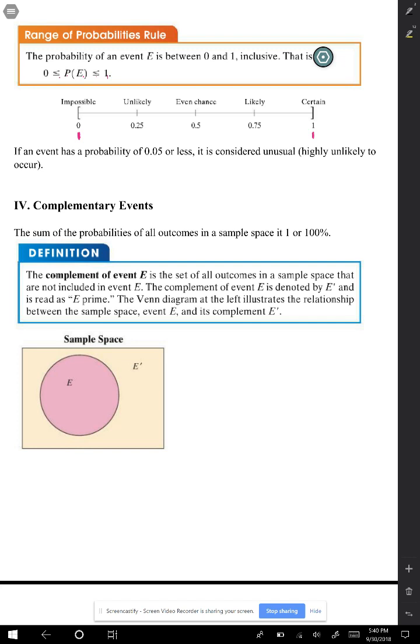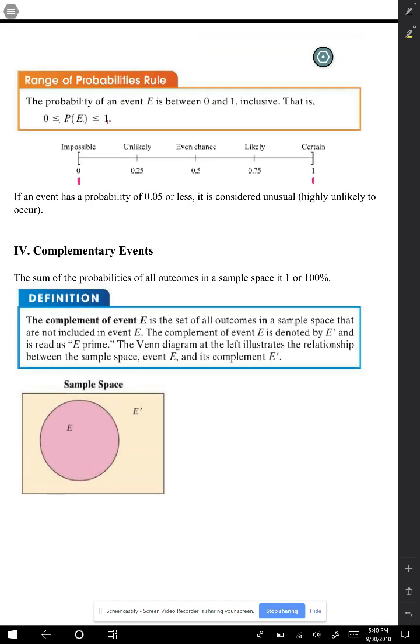And then we've talked about things being considered unusual, and we talked about that based on the number of standard deviations, and that if it was more than 2 standard deviations, we consider it unusual. Well, in probability, we say that if the probability is 0.05 or less, so that's a 5% chance or less, it's considered unusual or highly unlikely to occur.